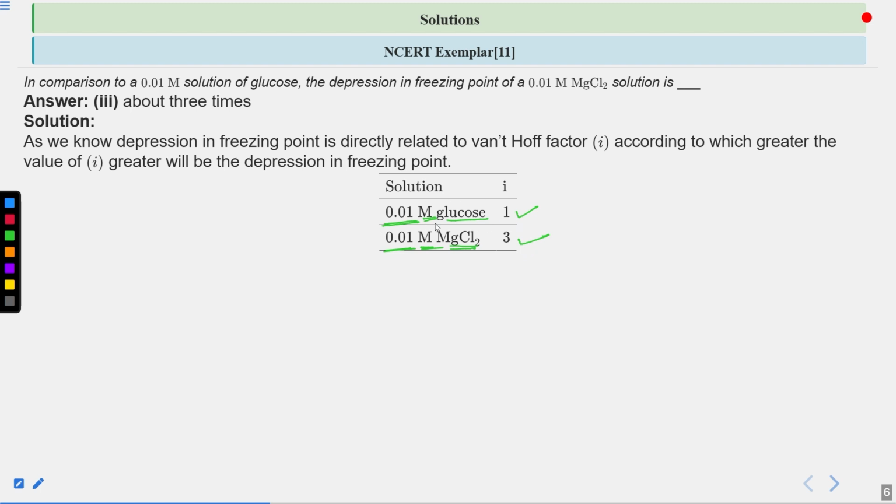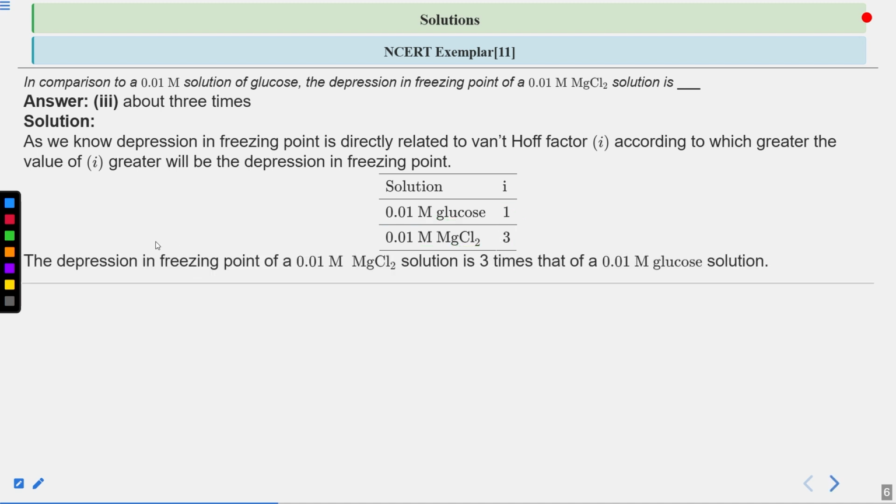The number of ions you get from glucose is 1, and the number of ions you get from MgCl2 is 3. So the van't Hoff factor is 1 and 3 for the respective solutions given in the question. So the depression in the freezing point of 0.01 molar MgCl2 solution is 3 times that of 0.01 molar glucose solution, clearly.